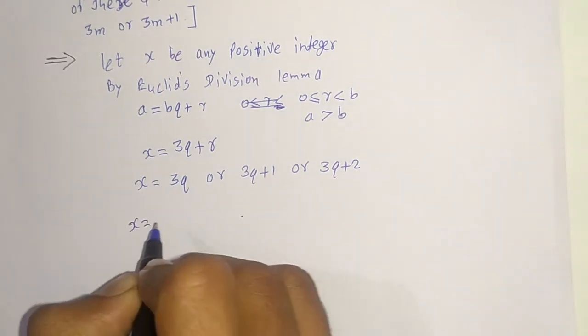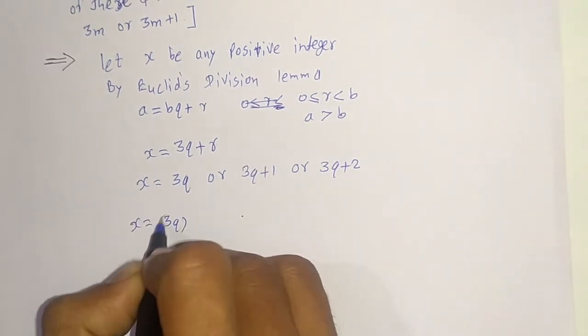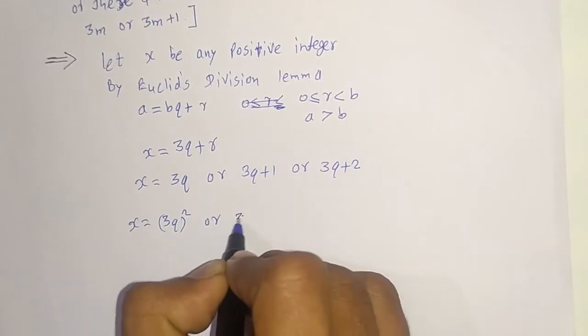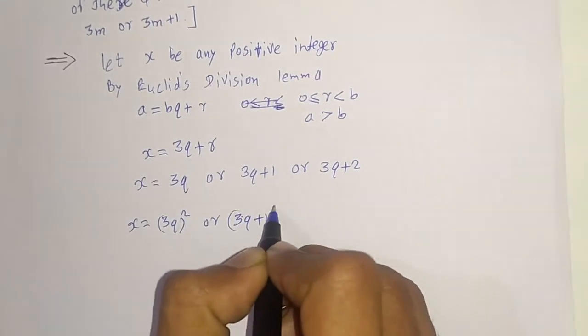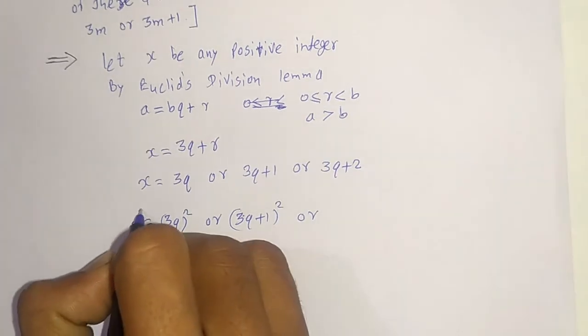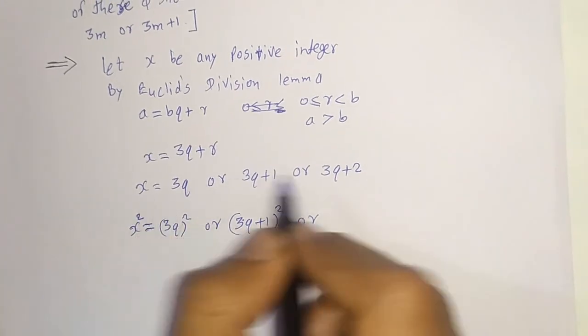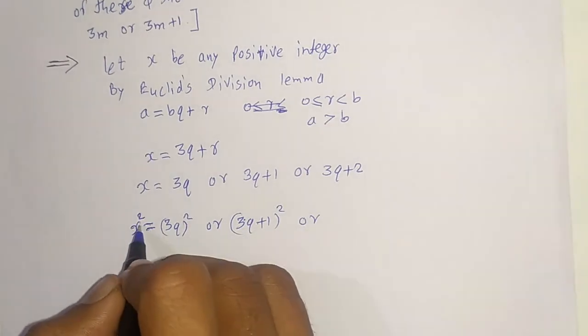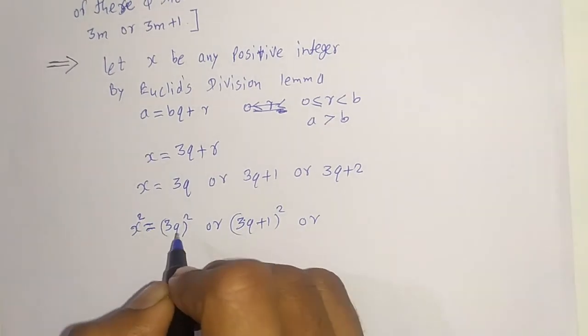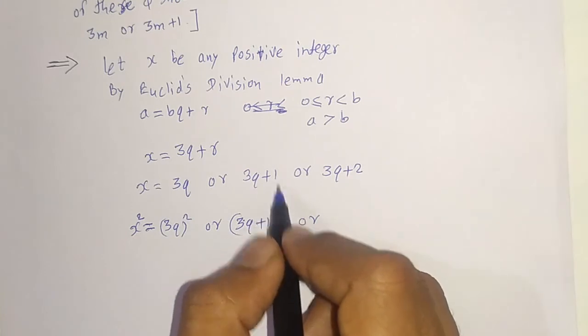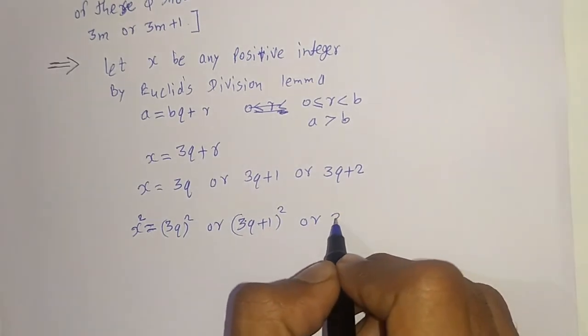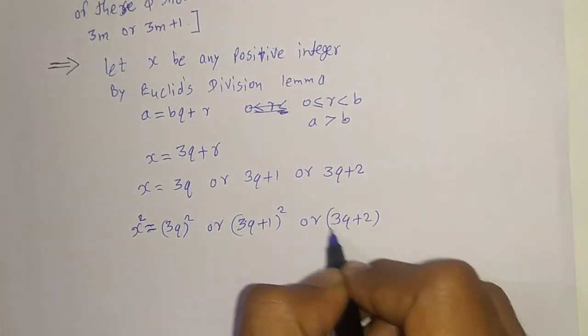So x equal to 3q, or 3q plus 1, or 3q plus 2. You have to take the square of this on both sides. So it will be x square equal to (3q) square or (3q plus 1) square or (3q plus 2) square.